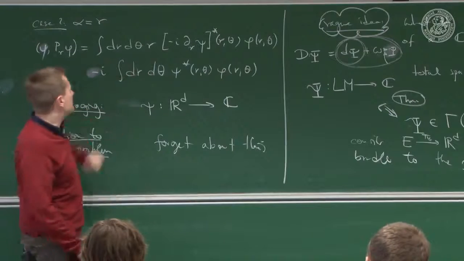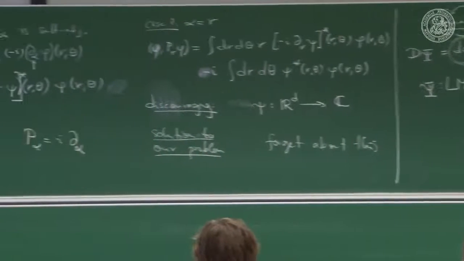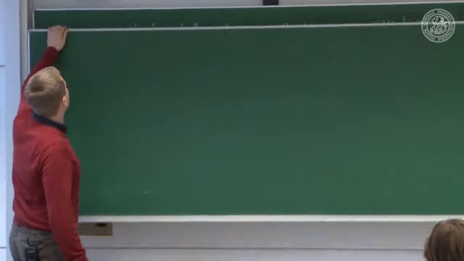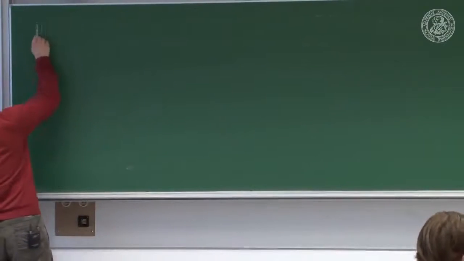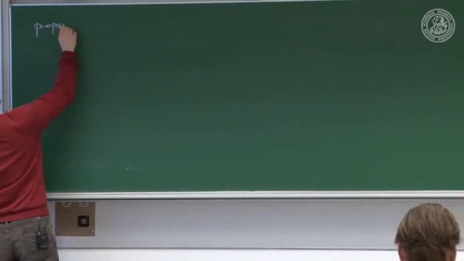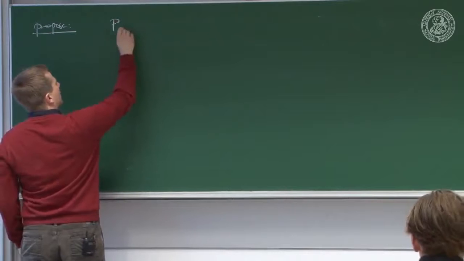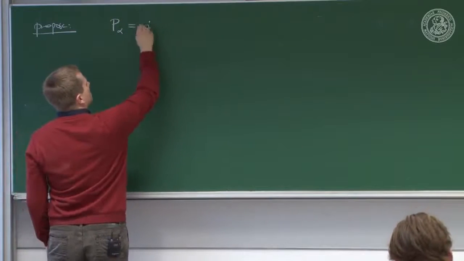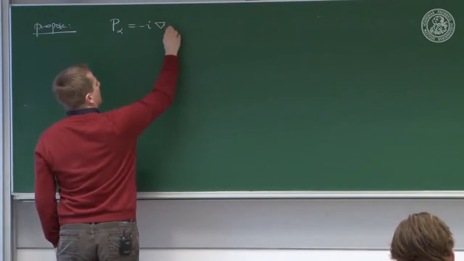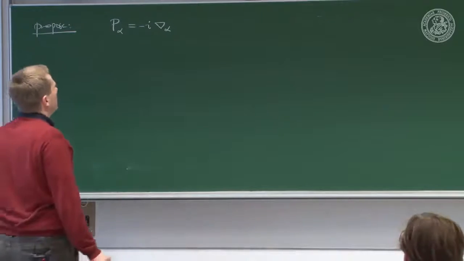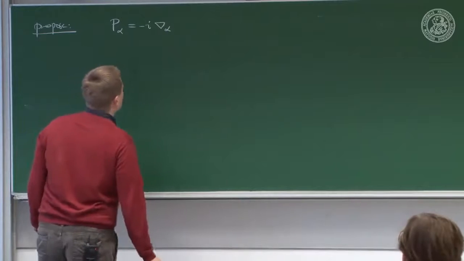So let's use this idea and let's rather simple-mindedly propose a different thing, namely propose that P alpha be represented by minus i and something we could call a covariant derivative, nabla alpha.